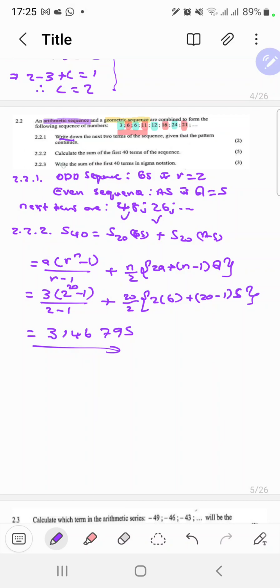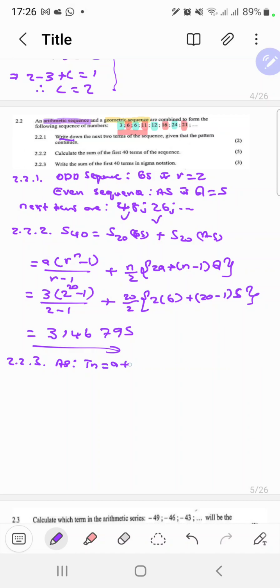All right, so now we're told here, write down the sum of the first 40 terms in sigma notation. All right, so what do we do here? So this is 2.2.3. So basically for the AS, we know that Tn, we need the nth term there.